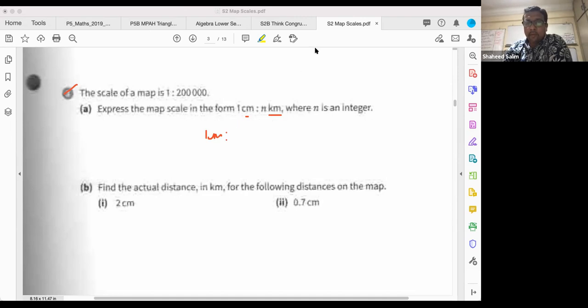This is 200,000 cm. You must change this into km. So you can change to meters first, then to km. How to change to meters? Divide by 100. Then divide by 1,000.